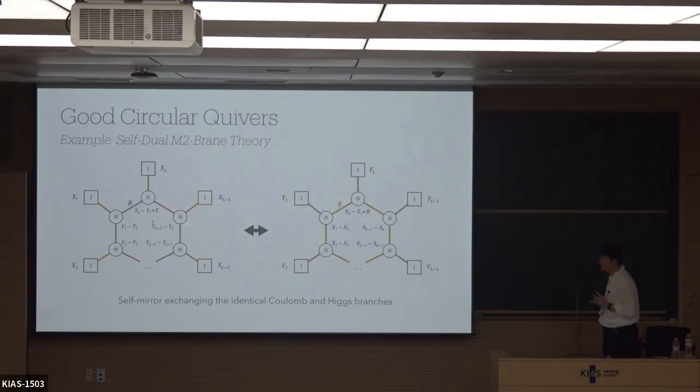Okay, and this is the expected result, which is the self-mirror symmetry exchanging the Coulomb and Higgs branch of the theory. Of course you can obtain this result using the type IIB brane, but this is a purely field theory derivation. Yes, please.